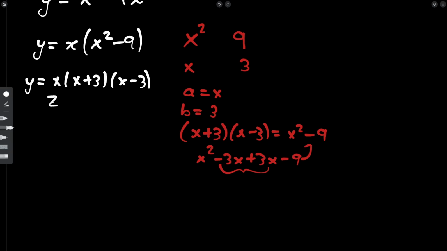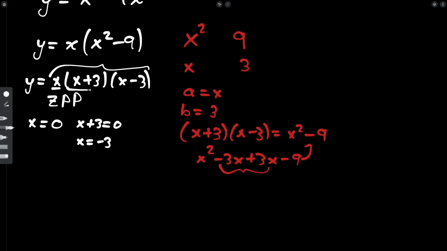Using the zero product property, we can set each of these to 0 and solve for x. So we have x equals 0, that's this first term. X plus 3 equals 0, that gives us x equals negative 3, that's this second term here. And finally, we have x minus 3 equals 0, which gives us x equals 3. That's our third term here.